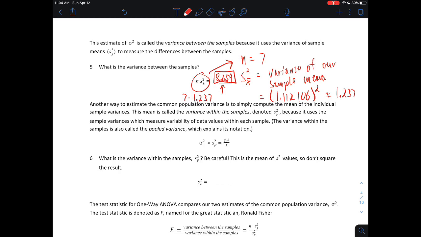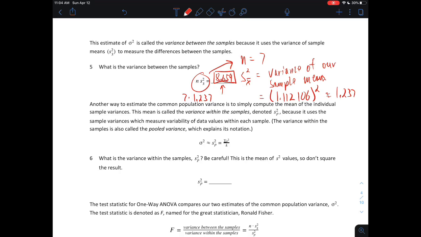Another way to estimate the common population variance is to simply compute the mean of the individual sample variances. This mean is called the variance within the samples, denoted S sub p squared, because it uses the sample variances which measure variability of data values within each sample. The variance within the samples is also called a pooled variance.